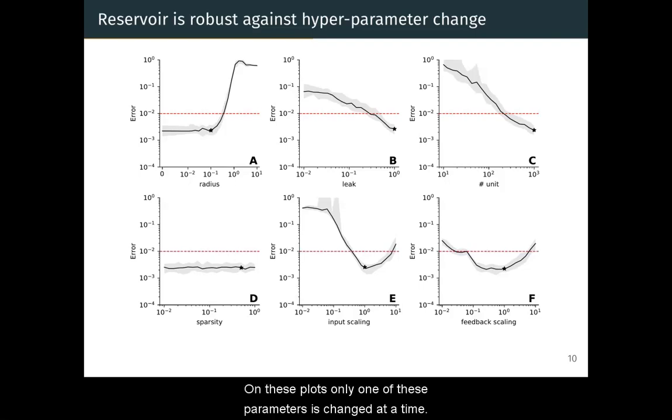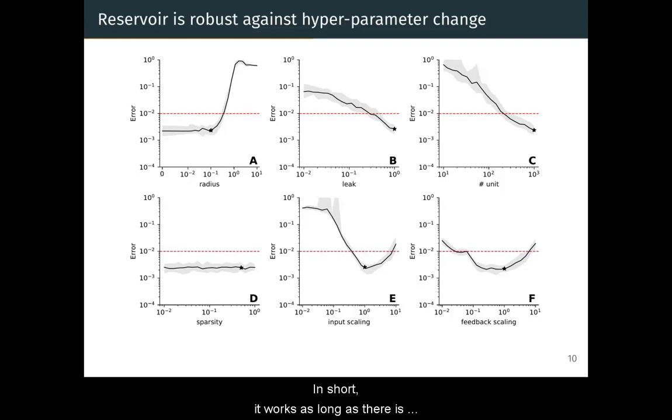On these plots, only one of these parameters is changed at a time. The other ones remain the same. The default values are represented by a star: 0.1 for the spectral radius, 1 for the leak rate, corresponding to no leak, 1000 for the number of units, 0.5 for the sparsity, and 1 for the input scaling and the feedback scaling.